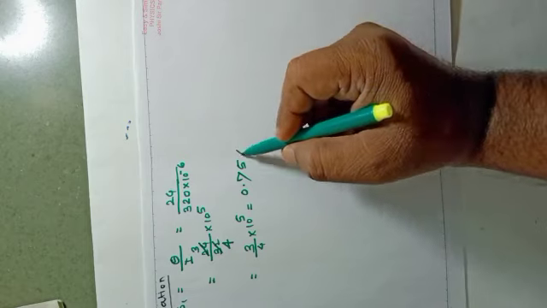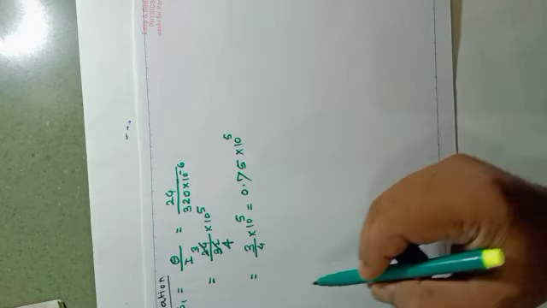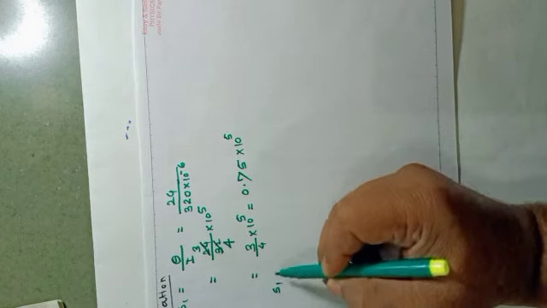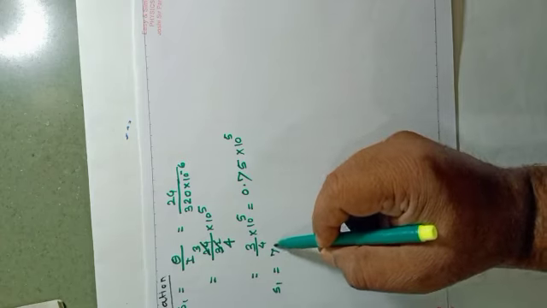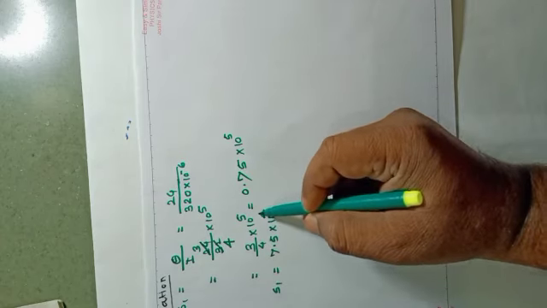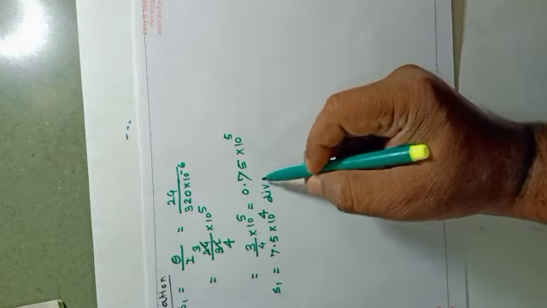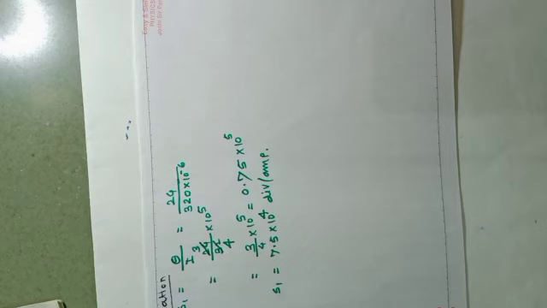So it is 0.75 into 10 to the power 5, and so that current sensitivity S1 becomes 7.5 into 10 raised to 4 division per ampere.